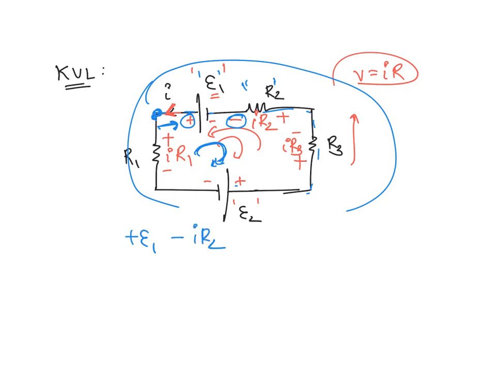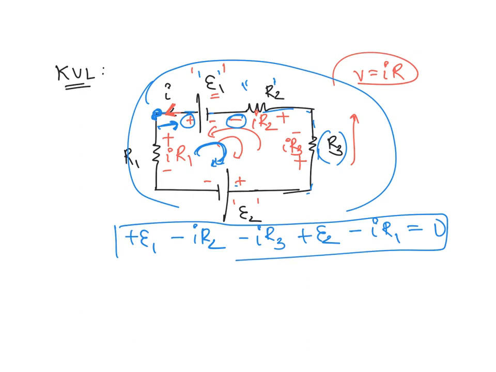After that I get R3, so minus I into R3. After that it is plus E2 and minus I into R1, and that must be equal to 0. So this is how you can apply Kirchhoff's voltage rule for any closed circuits in electrical circuits or networks.